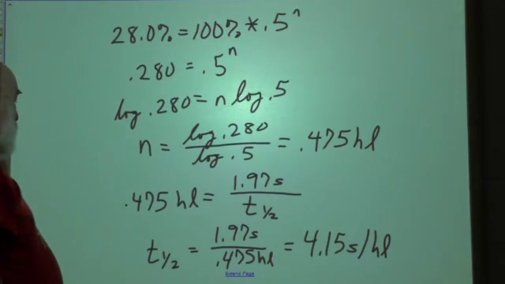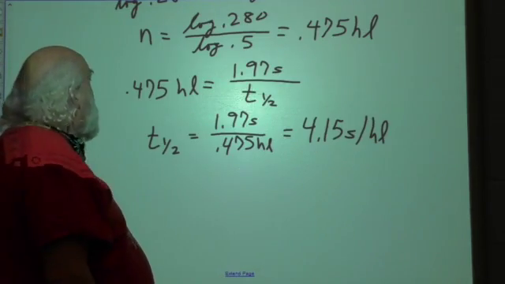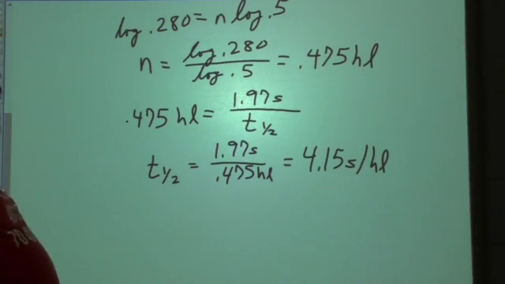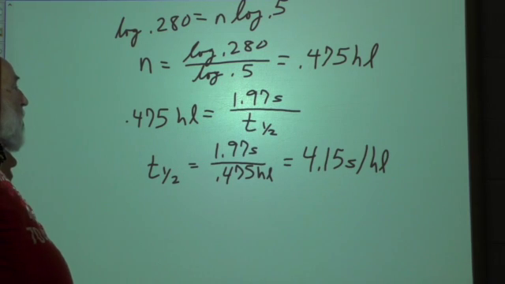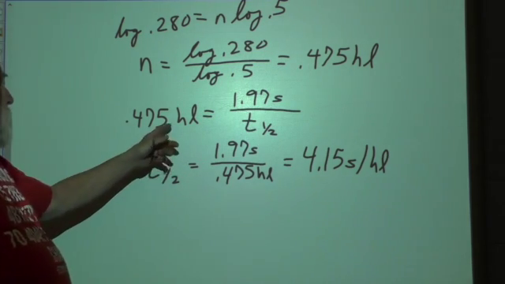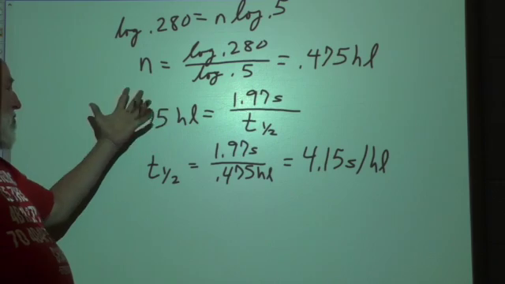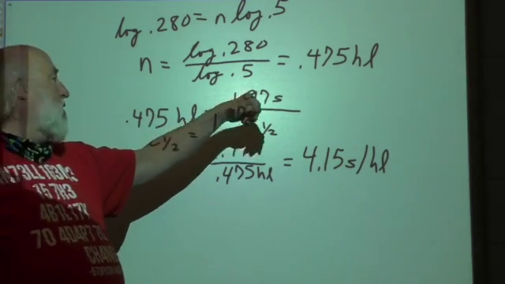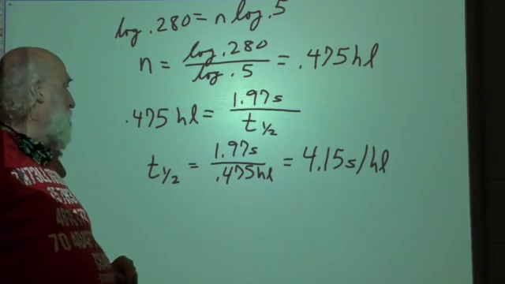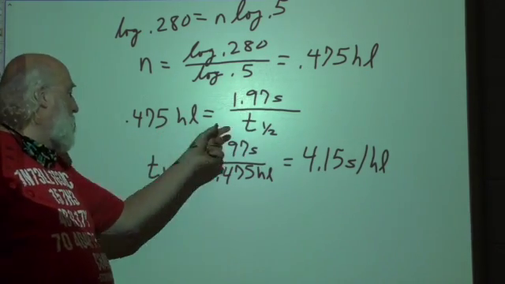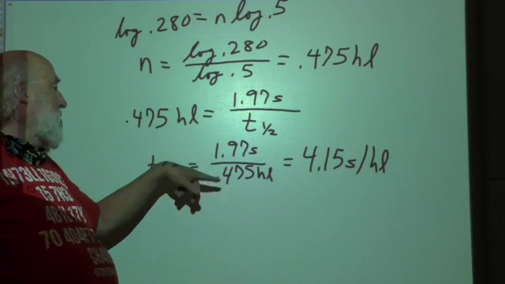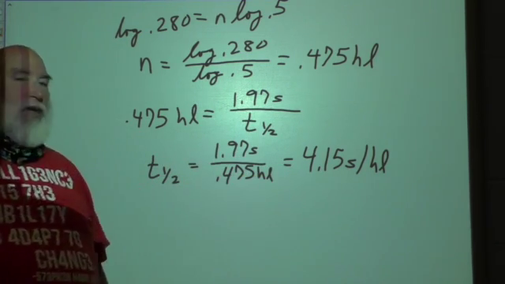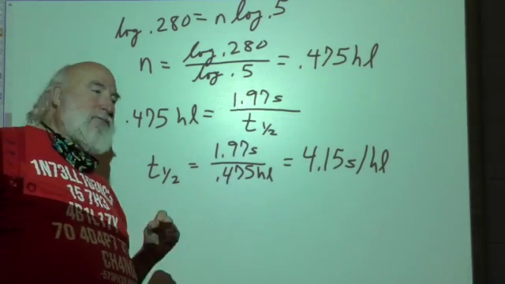Now we use the half-life formula, which is the total time divided by the half-life time. So 0.475 half-lives, your n, is equal to the total time, which was given as 1.97 seconds, divided by the half-life. So again, switch these two around, 1.97 seconds over 0.475 half-lives, and your answer is 4.15 seconds per half-life.